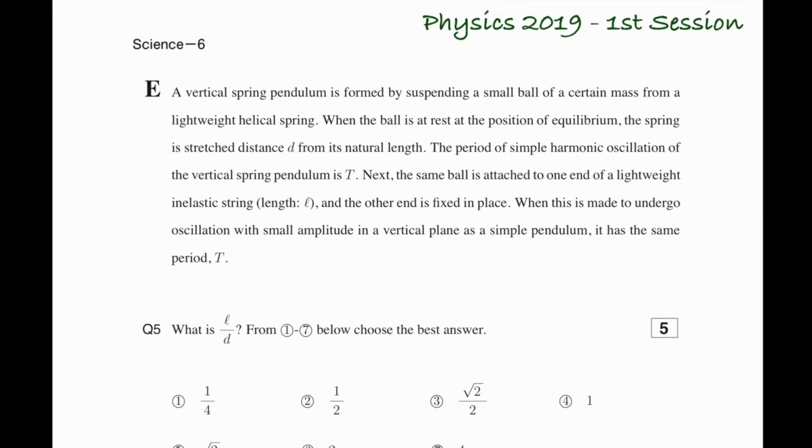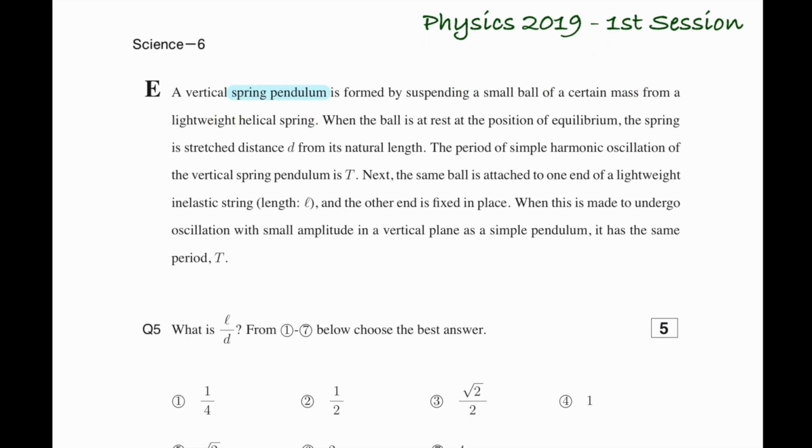For question number 5, we have a vertical spring pendulum. A spring pendulum is formed by suspending a small ball of a certain mass from a lightweight helical spring. So we hang a small ball into a spring.